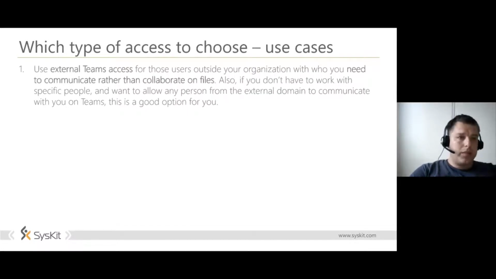Use external Teams access for those users outside your organization with whom you need just to communicate, just to exchange some kind of communication, and not to collaborate on files. Also, if you don't have to work with specific people and want to allow any person from the external domain to communicate with you on Teams, this is a good option to go.